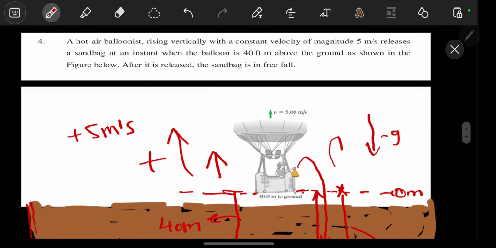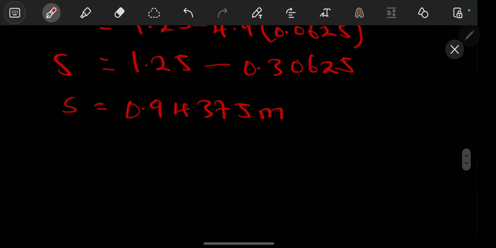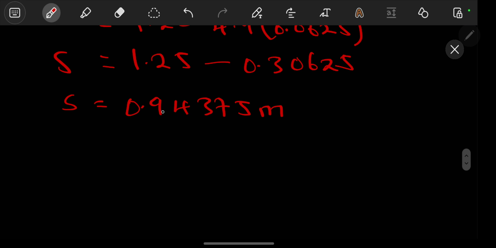It's more like we are saying that from where it was released, it has risen 0.94375. So that is the position. We can just say above the 40-meter mark.